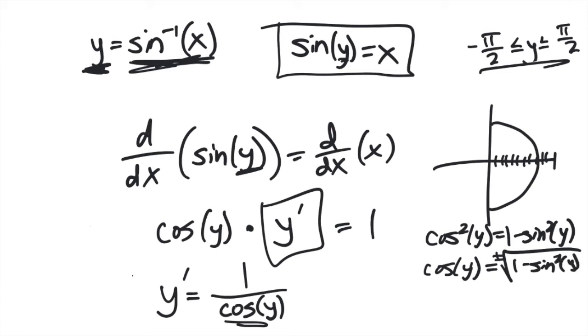Okay, but the difference here is that we don't need a plus or a minus in here, because we know we're either in quadrant 4 or in quadrant 1 where cosine is positive. So really the cosine of y is just the positive square root of 1 minus the sine squared of y.